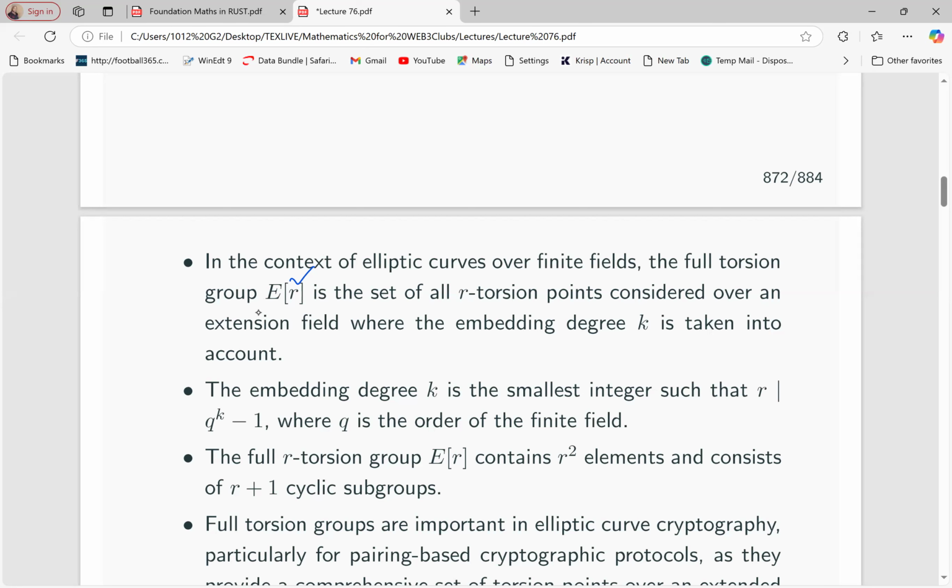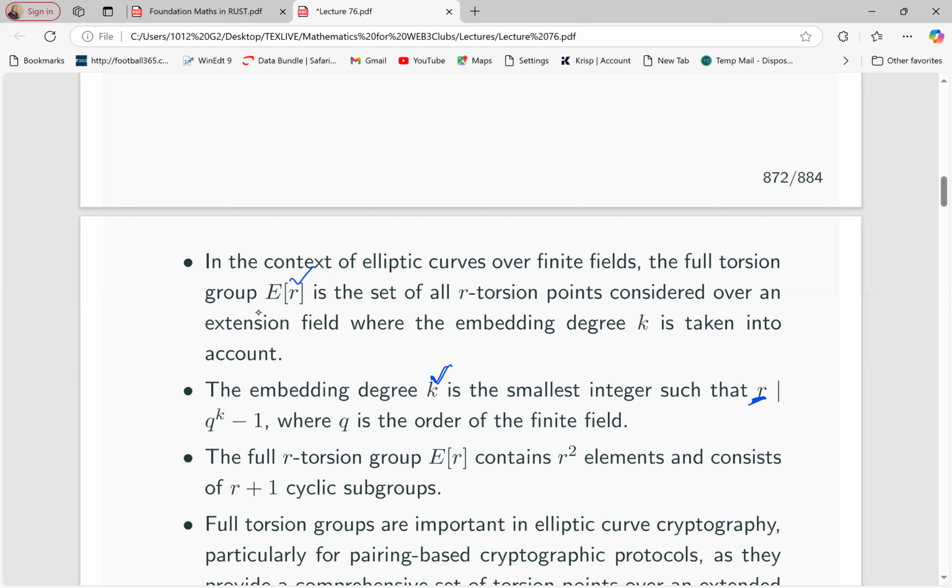Let me just remind you how we get the embedding degree. When we began looking at bilinear pairing, what we said the embedding degree was, is the smallest integer k, if you can find some integer r.